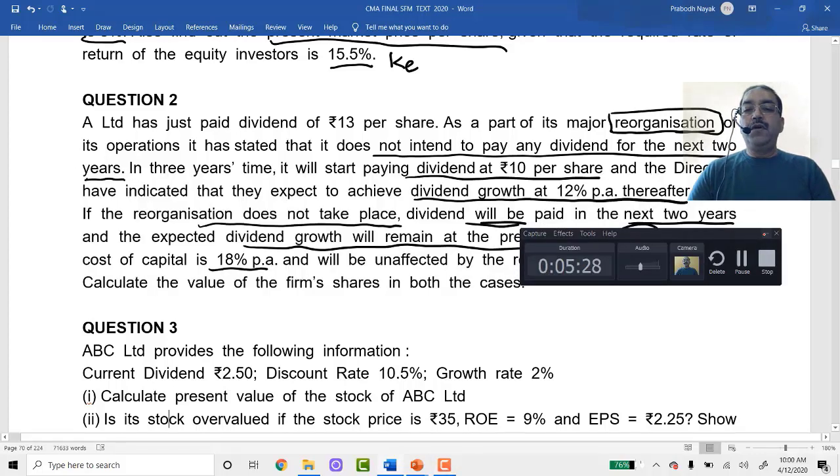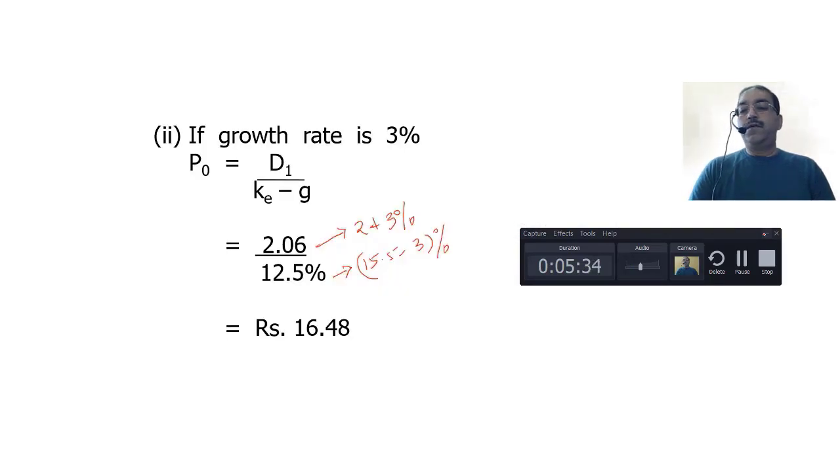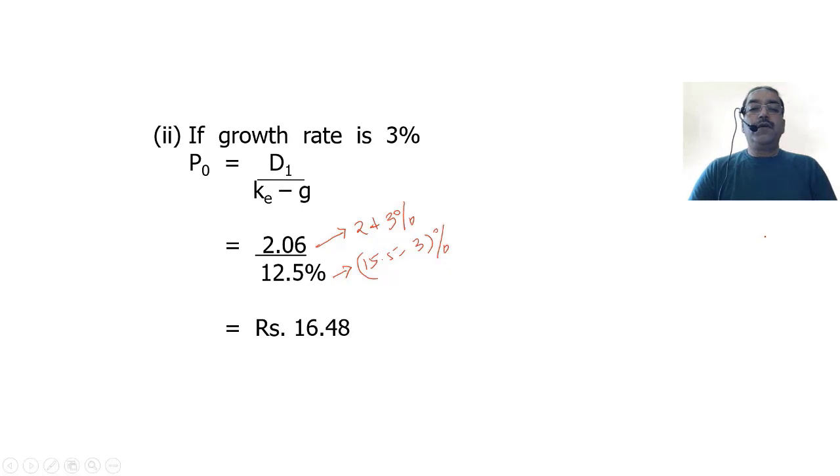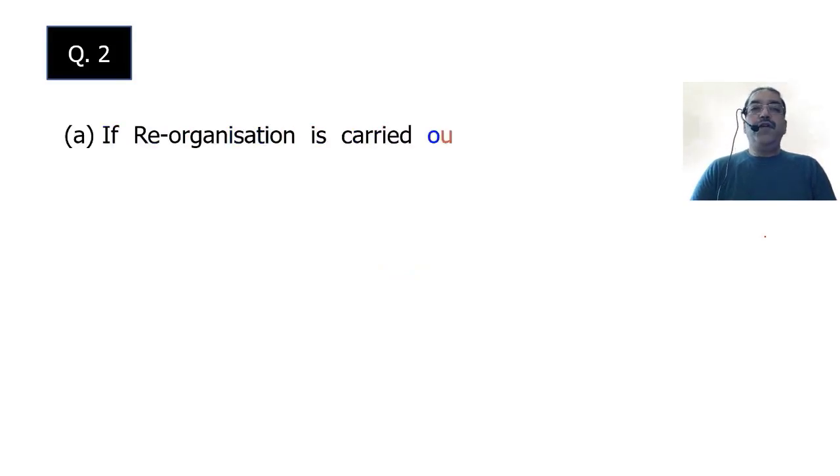So let us see now, in both the cases, what will be the value. First, I'll say if reorganization is carried out. If reorganization is carried out, first 2 years dividend is nil. So D1 and D2 will be nil.